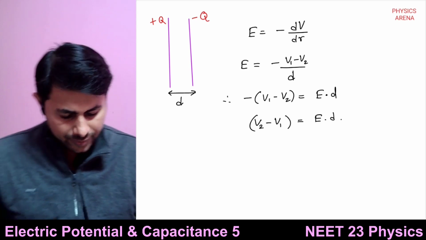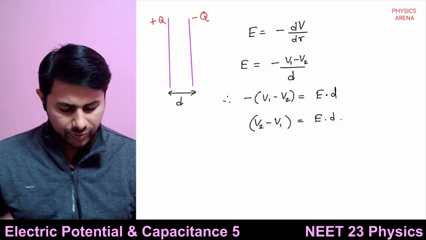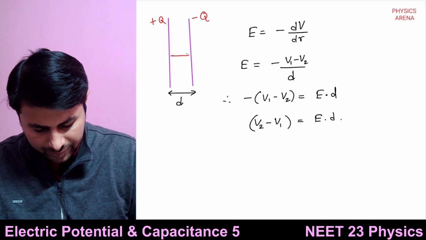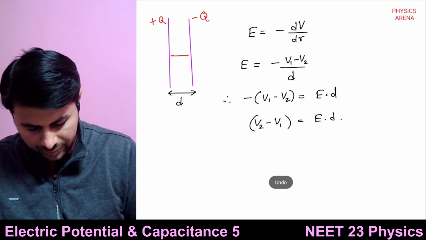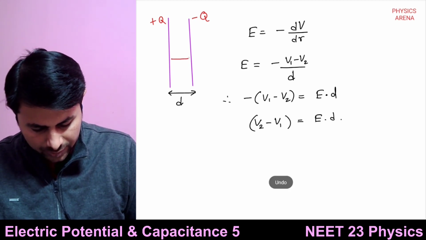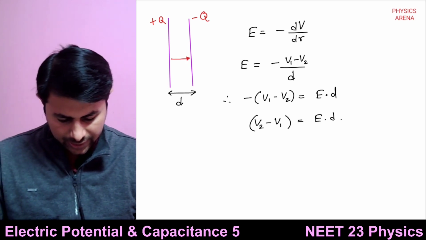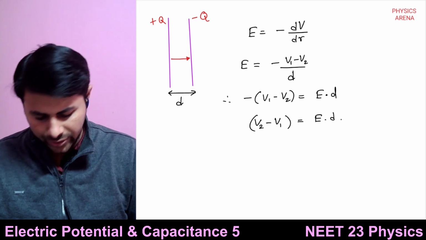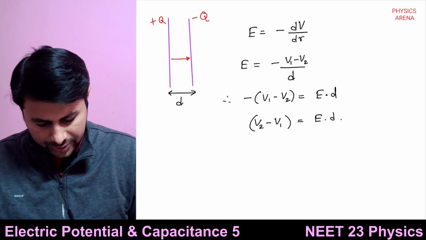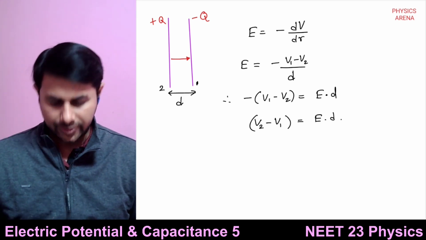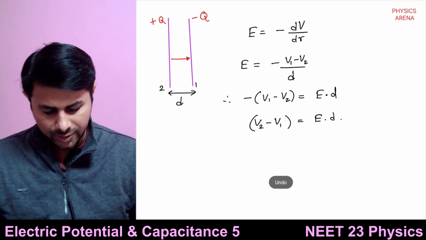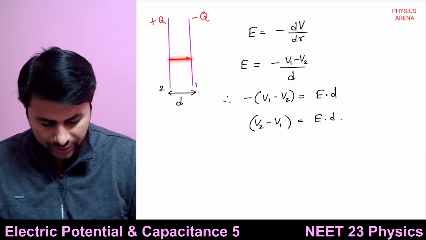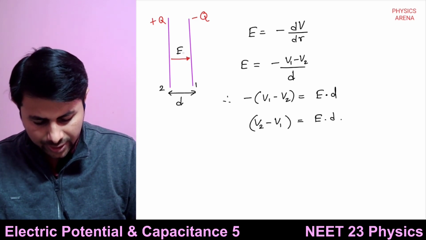Right? So what is V1 and V2? So see, electric field will be directed like this. Now you take this one as 2 and this one as 1 if you want positive electric field. Okay, so electric field is directed like this.